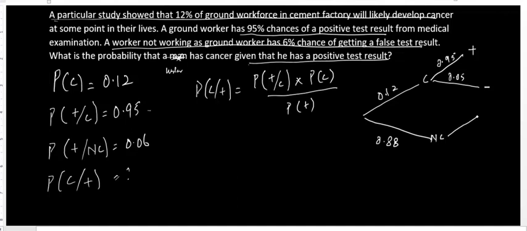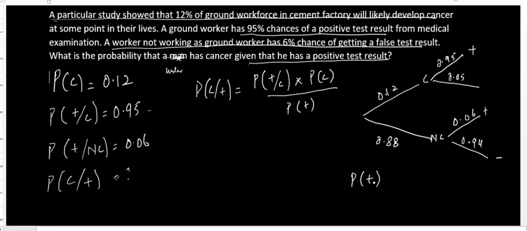Now among those people who don't have cancer, 6% will get the positive result, while 94% will have the negative result. Now I need to calculate the probability of the positive result.